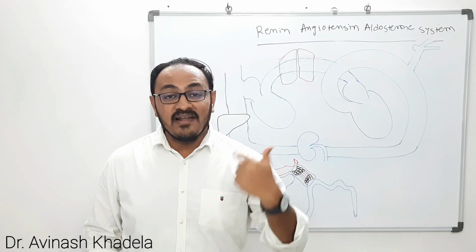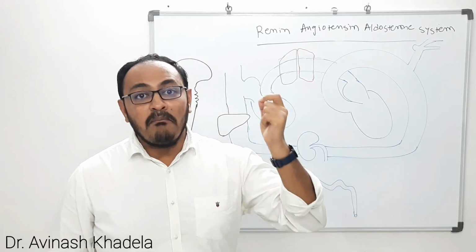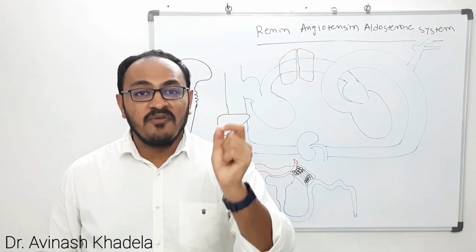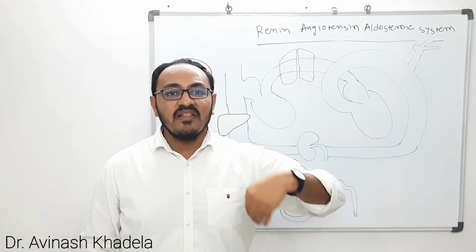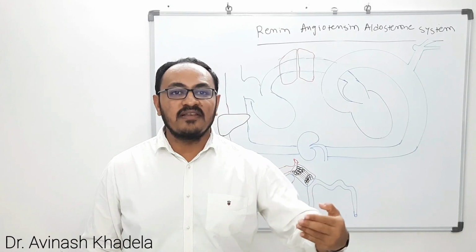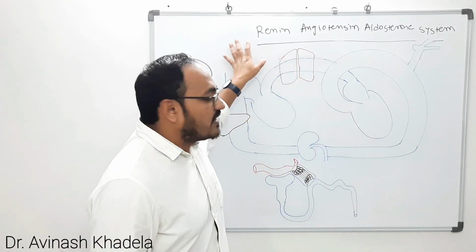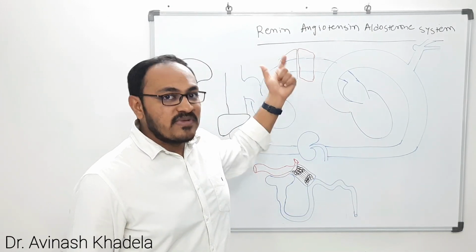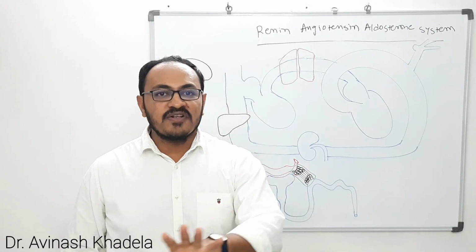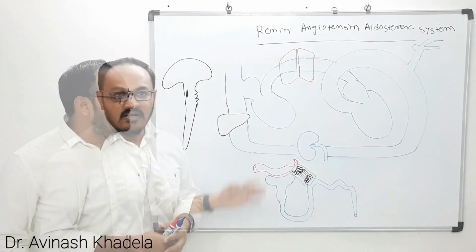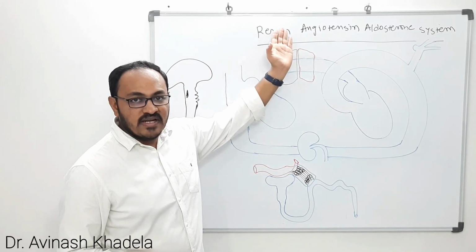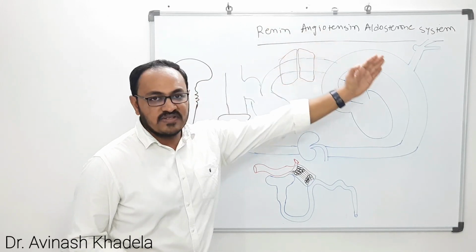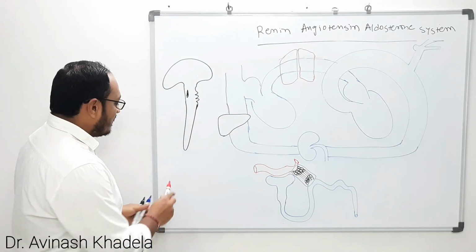But as I said earlier in the pathophysiology, there is malfunction in the humoral mechanism, where in spite of normal perfusion, the blood pressure keeps on increasing due to some local as well as systemic malfunction, and we are going to discuss those malfunctions in this lecture. So initially, to understand the renin-angiotensin-aldosterone system, we need to understand renin.